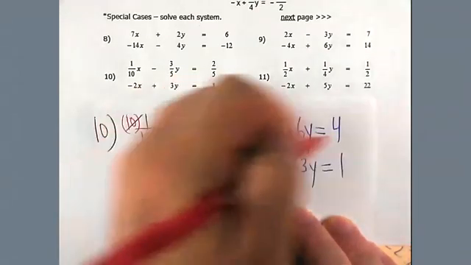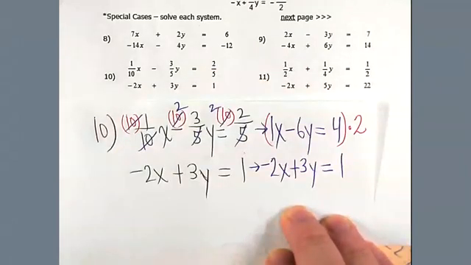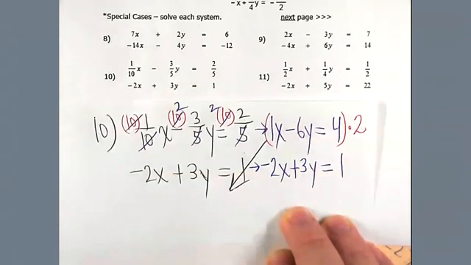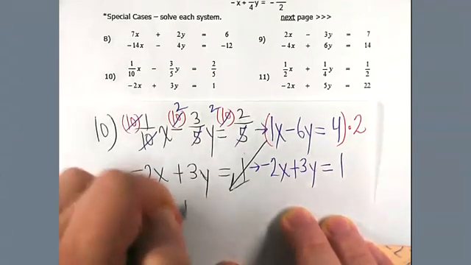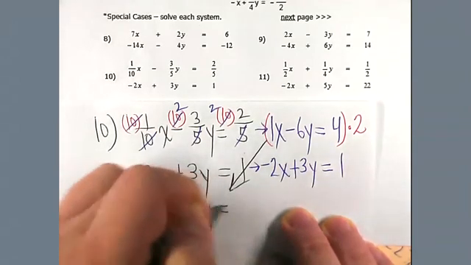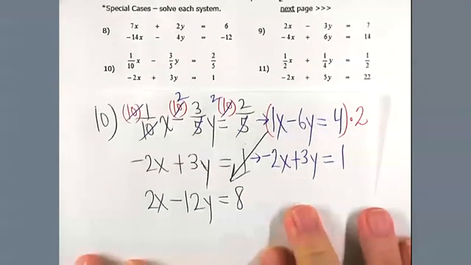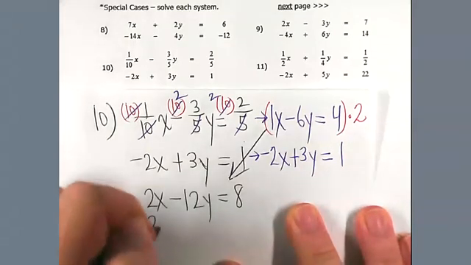So that means multiply the entire first equation by 2. So that gives us now 2x minus 12y equal to positive 8. Bring down the next equation.